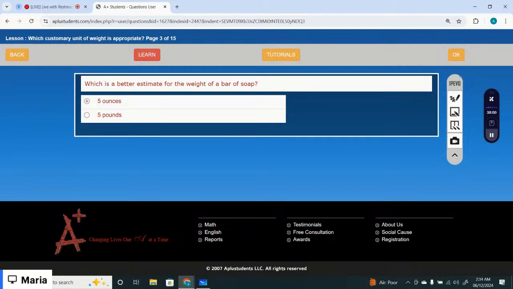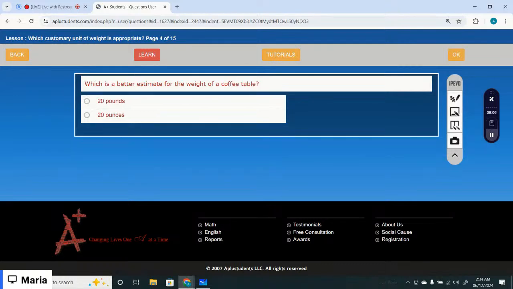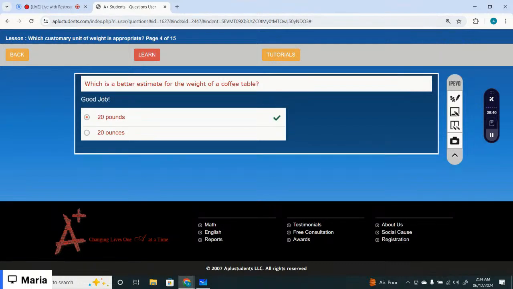That is 5 ounces. 5 pounds is too much for the weight of the soap. The coffee table must be 20 pounds. 20 ounces is too little for the coffee table.